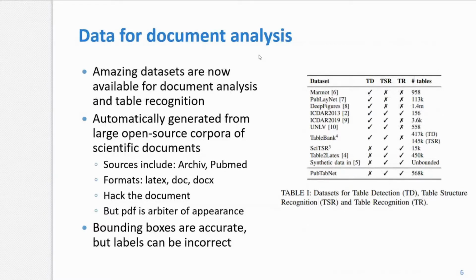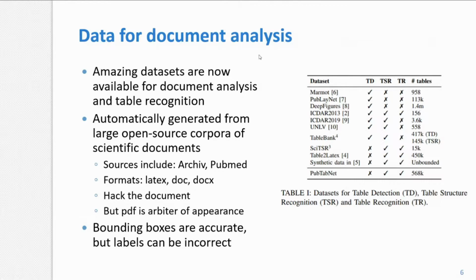And in fact, in the last couple of years, and really just the last couple of years, this has happened, right? Some massive data sets have become available. This table on the right-hand side shows, amongst some interesting data sets, a couple for ICDAR, the International Conference on Document Analysis and Recognition.